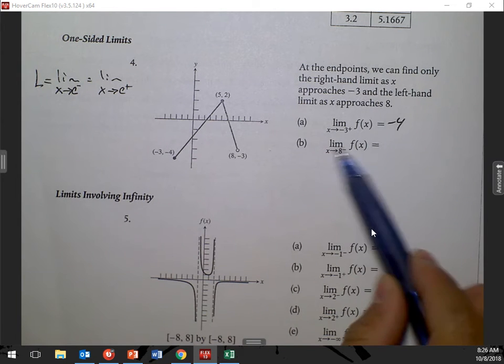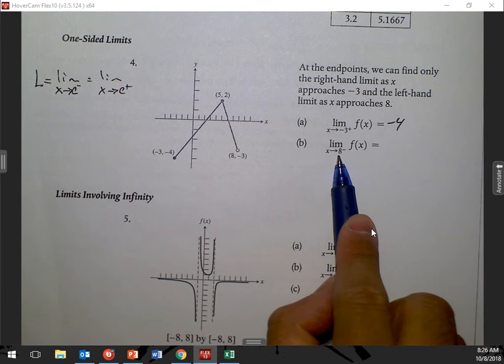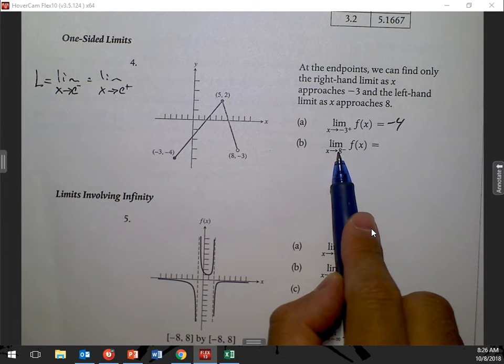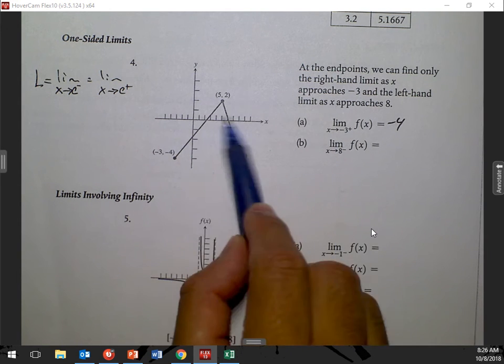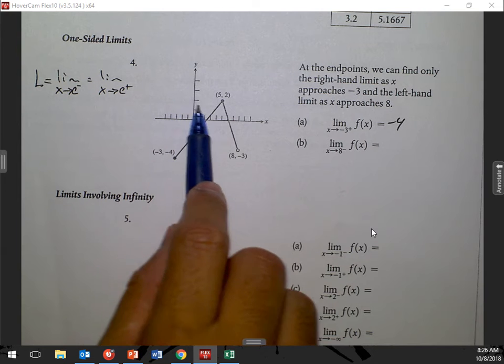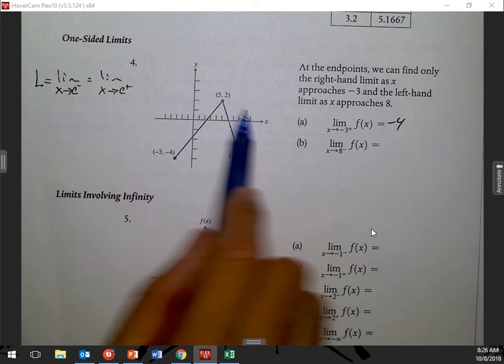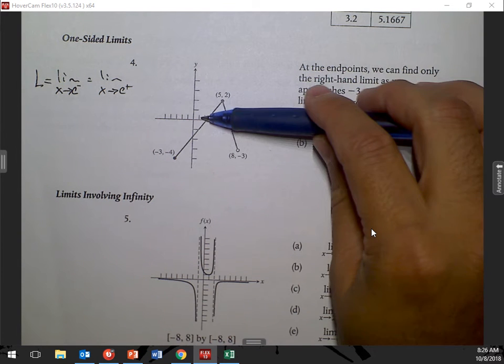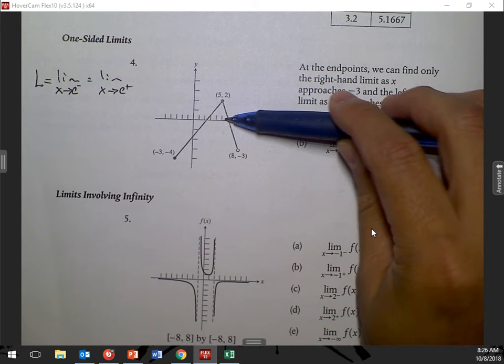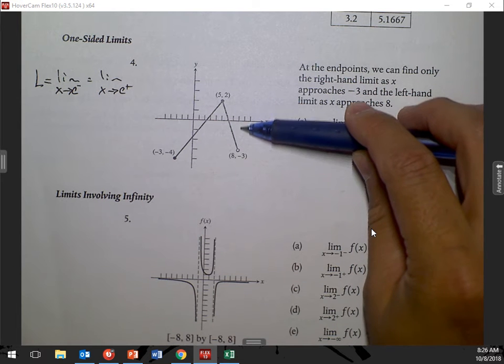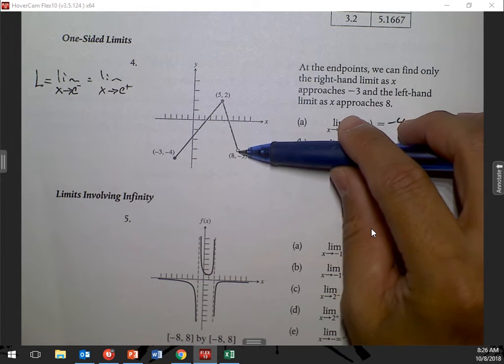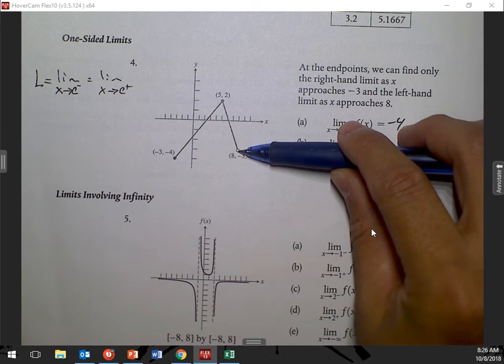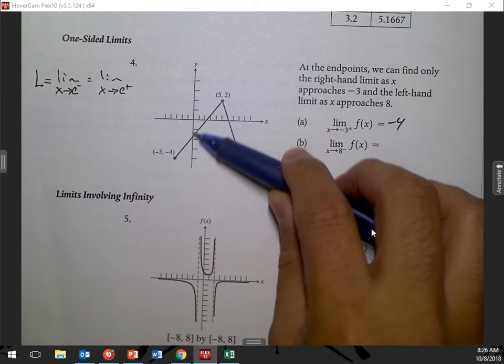All right, so now for the next one right here, we're looking at 8 from the left side. So I am going this way. From the left-hand side, I'm approaching it this way. So it's 1, 2, 3, 4, 5, 6, 7, 8. It's approaching right here, so that would give me -1, 2, 3.